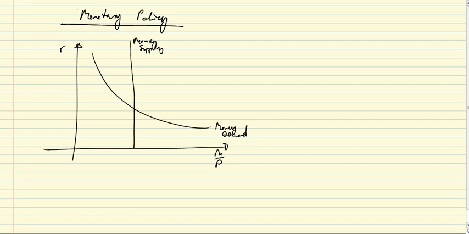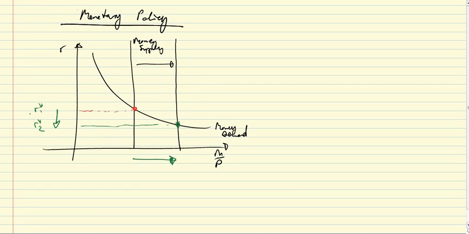What if the central bank wants to reduce the interest rate? Well, it's quite straightforward to see that requires an increase in the money supply, which will lead us to a new R star, R star 1 and R star 2. So we have, with the increase in the money supply here, we get a reduction in the interest rate.